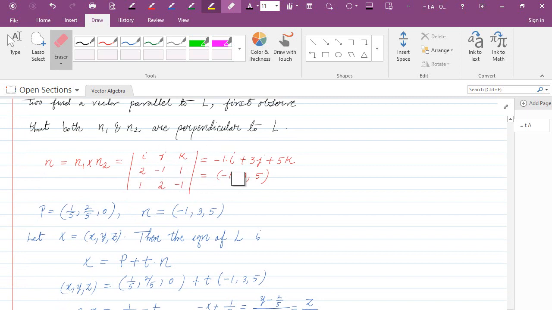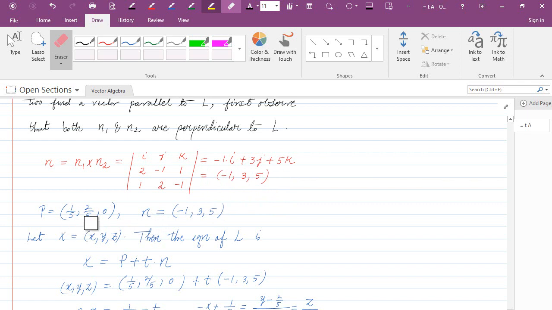What we're going to get is negative i plus 3j plus 5k, which is negative 1, 3, and 5. So this would be a vector parallel to the line of intersection.